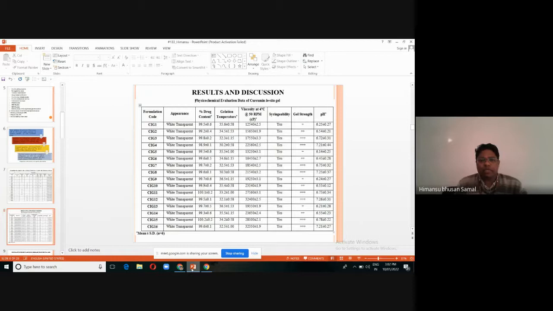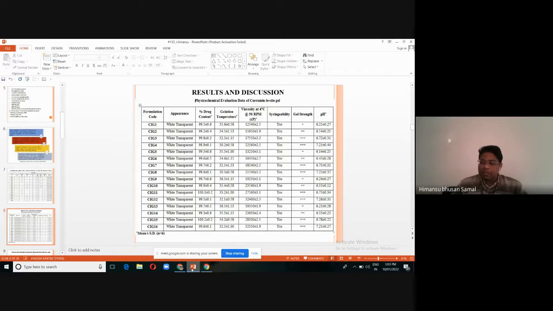After formulation, all the formulations are evaluated for various physicochemical properties such as appearance, drug content, gelation temperature, viscosity, syringeability, gel strength, and pH. What we found particularly is that the prepared gel is white and transparent, and the pH of the gel formulation was found to be 6.14 to 7.36.